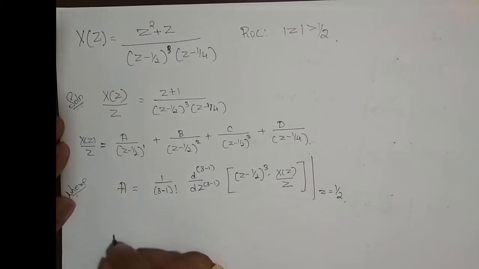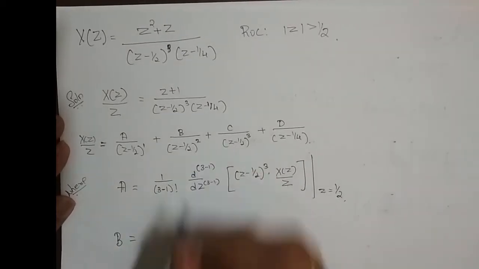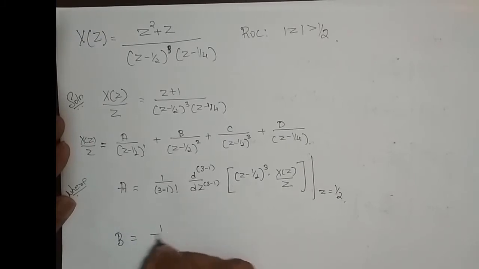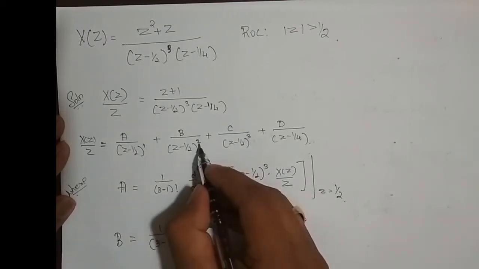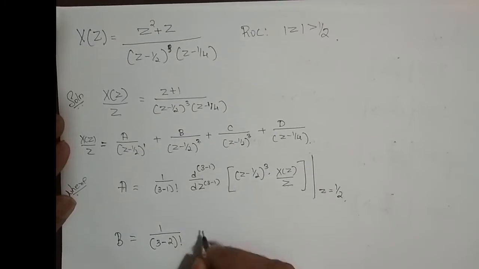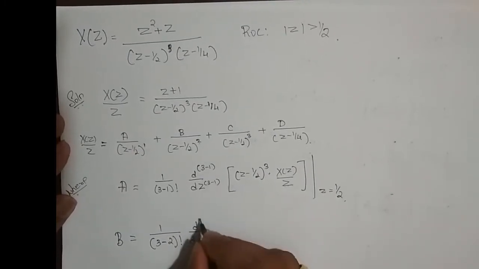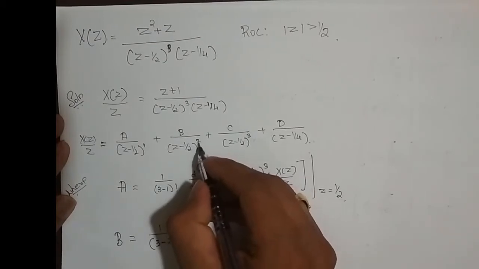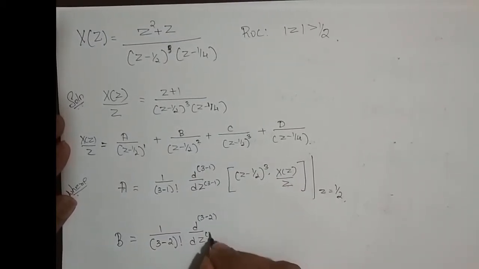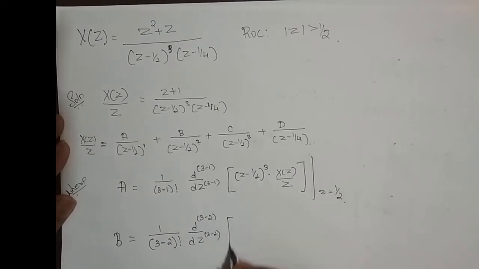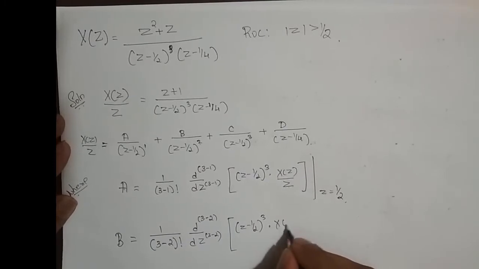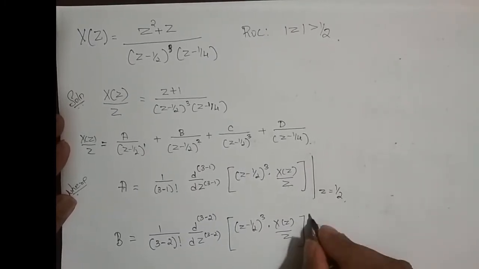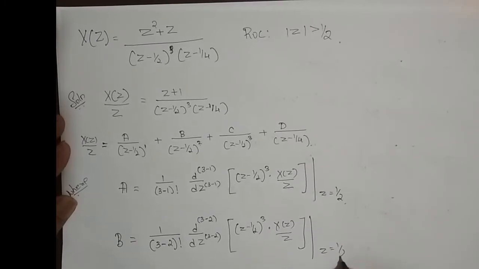Fine. Similarly, in order to find B, it is 1 divided by 3 minus 2 factorial, where 3 is the maximum repeated root, into d by dz, differentiated 3 minus 2 times, of z minus 1 by 2 whole cube, which remains the same, into X of z by z at z equal to 1 by 2.